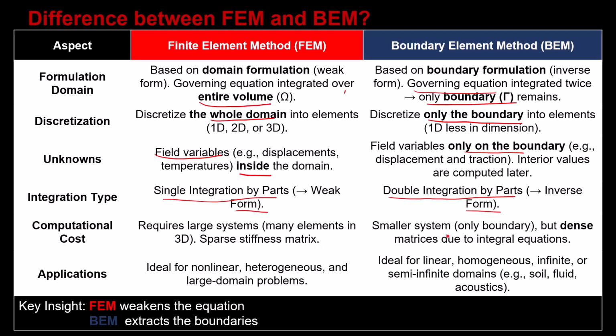But for BEM, we need to have a smaller system because we are just working on the boundary. And considering the applications, we can say that FEM is ideal for nonlinear, heterogeneous, and large domain problems, but boundary element is ideal for linear, homogeneous, infinite, or semi-infinite problems, like the problem that we have in soil mechanics.